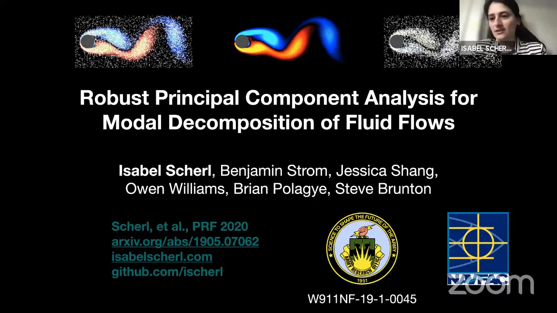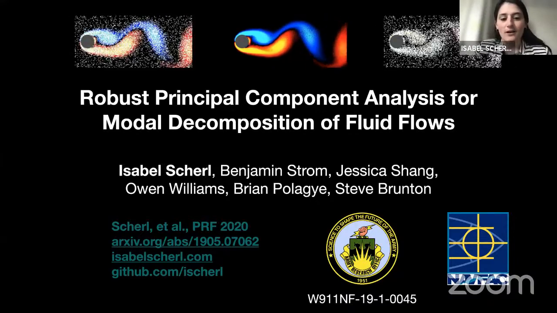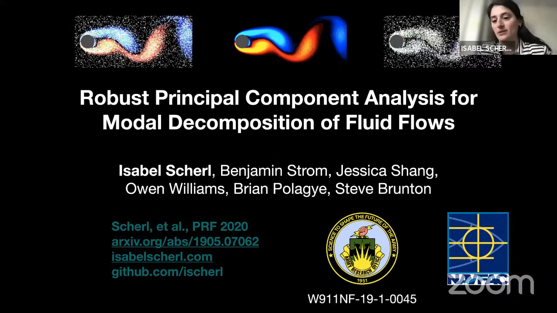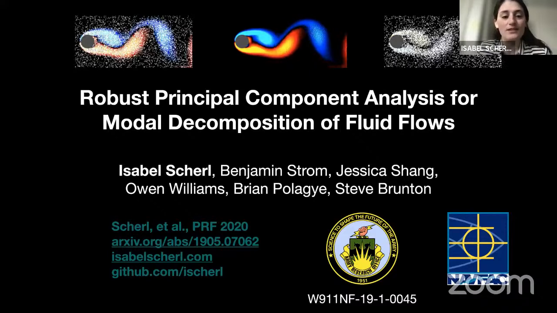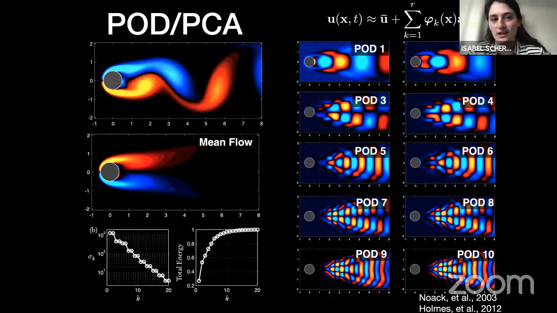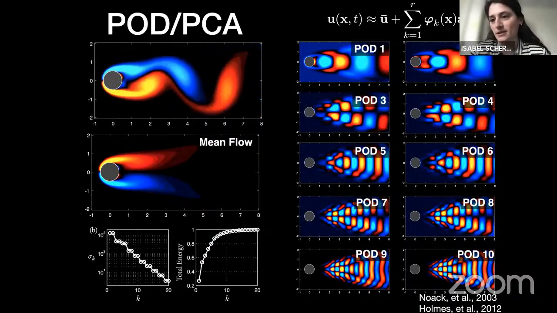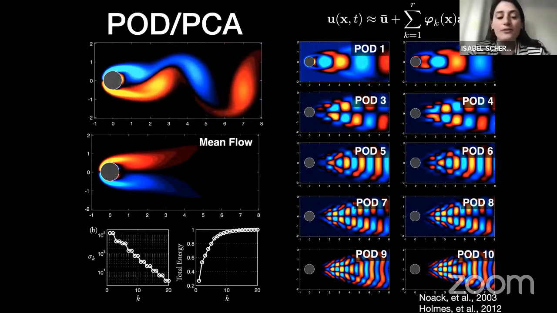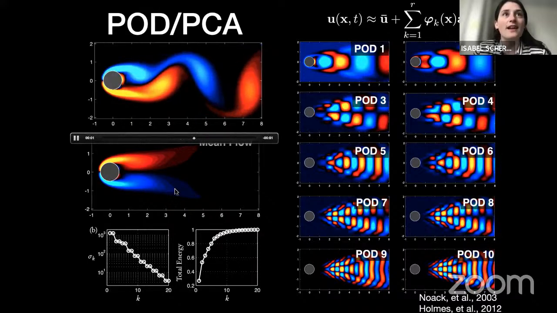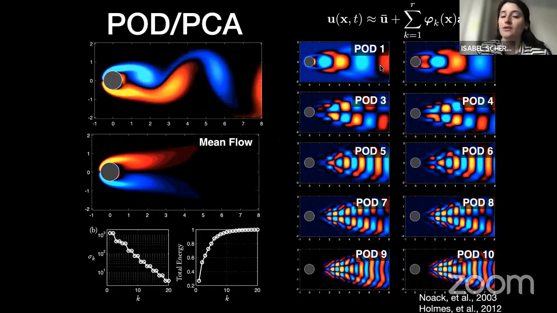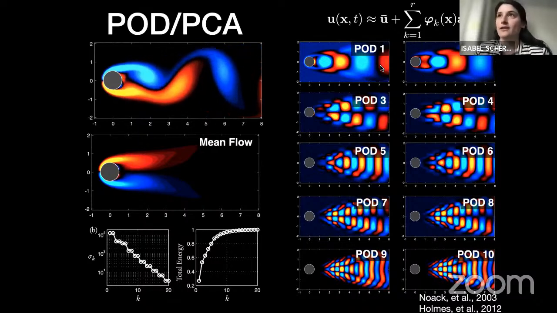First, I'm going to talk to you a little bit about modal decompositions and specifically POD or PCA. POD, or proper orthogonal decomposition, also known as principal component analysis depending on which field you're in, decomposes a flow into modes ordered hierarchically, where the first mode is the mean field and the subsequent modes are all 90 degrees out of phase with one another.